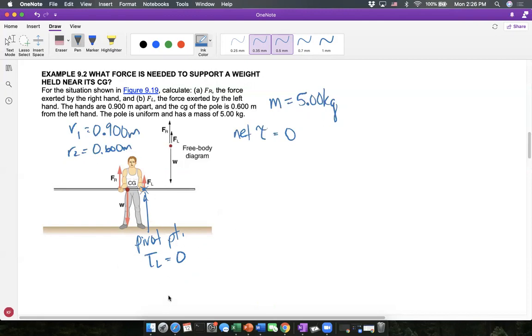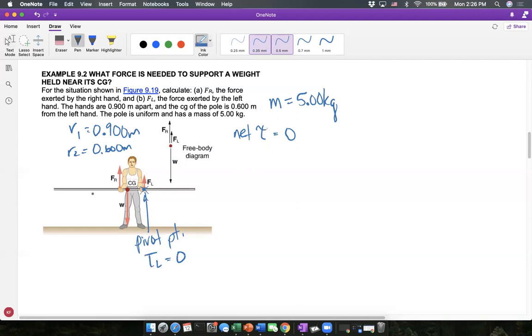Now we need to define our motion here. So our torque of our right hand and of our center of gravity point here, we need to find those. And in order to do so, we need to define our motion.